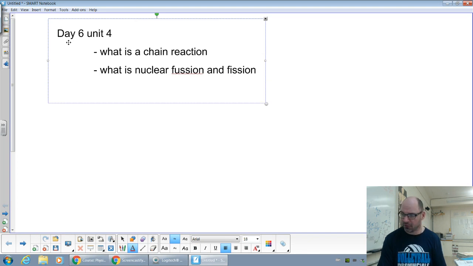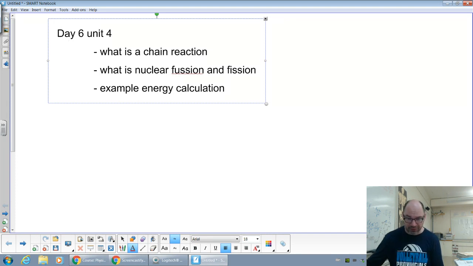And then we're going to be looking at an example energy calculation with either fission or fusion. So let's start off with a chain reaction.